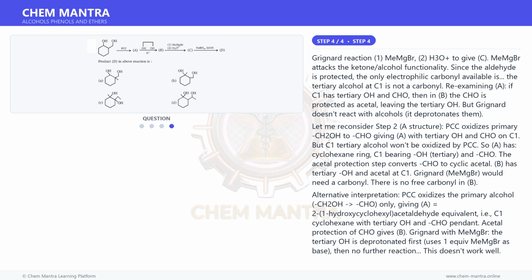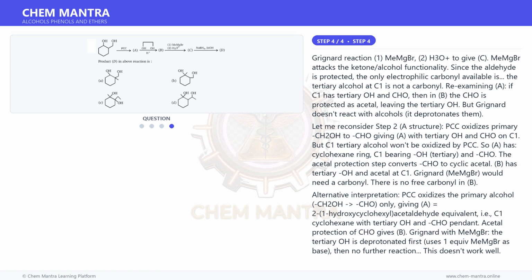PCC cannot oxidize this, so only the CH2OH is oxidized. A is 1-hydroxycyclohexane-1-carbaldehyde, tertiary OH plus CHO on the same carbon. Acetal formation of CHO with ethylene glycol gives B, 1-(1,3-dioxolan-2-yl)cyclohexan-1-ol, tertiary OH intact, CHO protected.